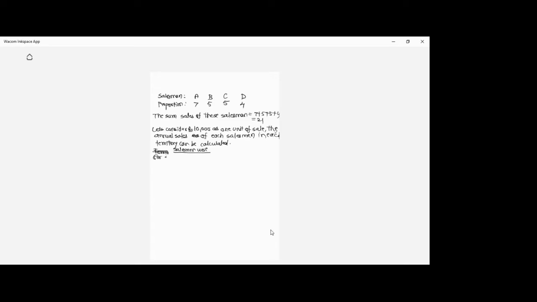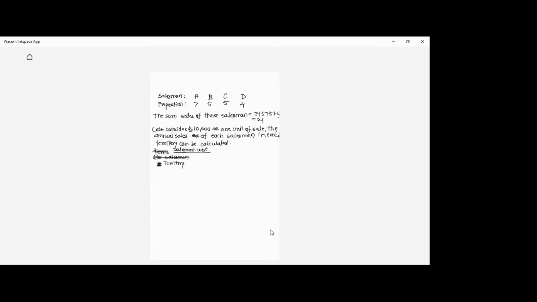So for salesman A, how much is the annual sales in territory 1? It was 60,000. So the unit is 6, because 10,000 is equal to 1 unit.